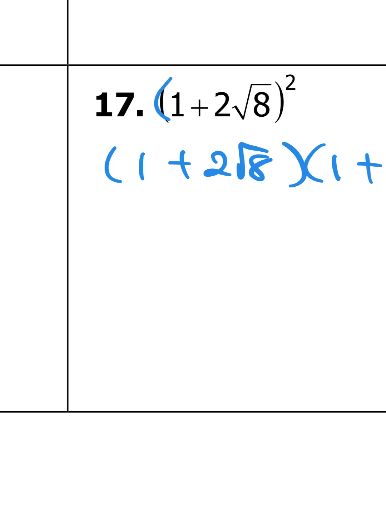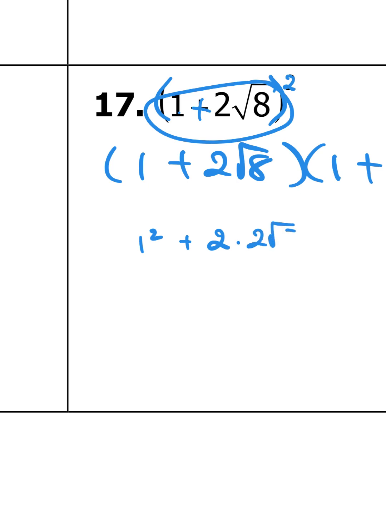So if I have it written down in this form, and they are adding, and they have the power of 2, so I will have a 1 square plus, okay, we're gonna double this one. So 2 times 1, which is 2. And then 2 times square root of 8. Okay, make sure you multiply with a 1, but because it's by itself, so I leave it like that. And add. This one will be squared.